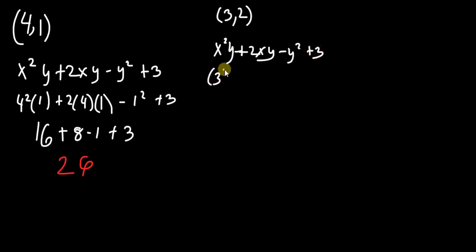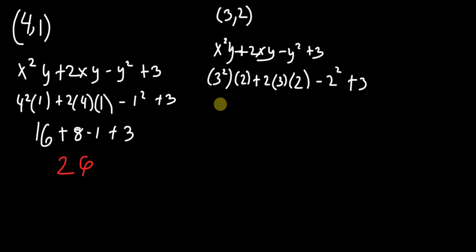So 3 square, y is 2, plus 2 times 3 times 2, minus y is 2. So 2 square yan plus 3.